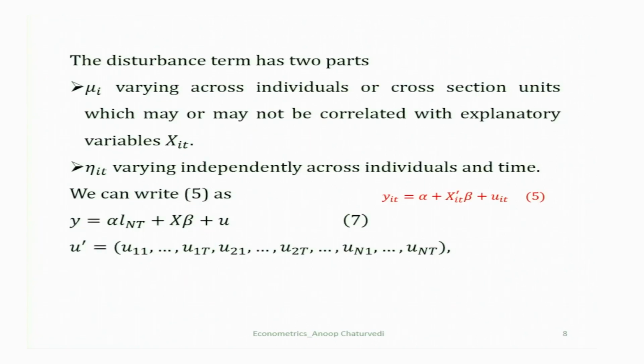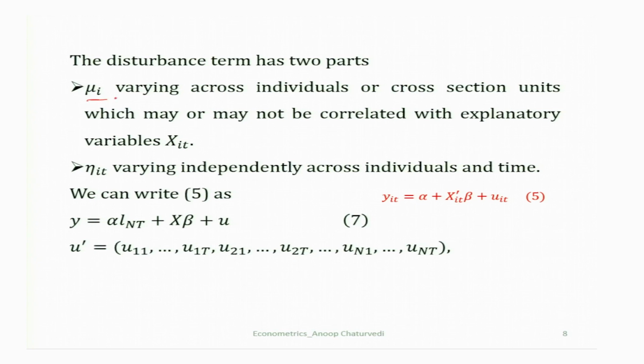Now, the disturbance term actually has two parts. Mu_i varies across individuals or cross section units, and may or may not be correlated with the explanatory variables x_it. This part mu_i does not involve t.